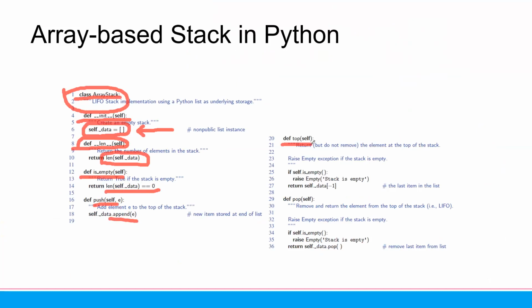If you want to see the top, it means I want to see the last element. But before that, there should be a kind of exception. If it is empty, you can just mention the stack is empty. And we will return the data[-1].